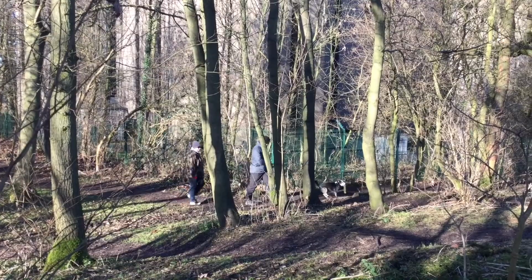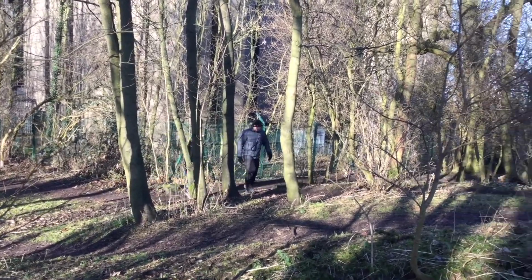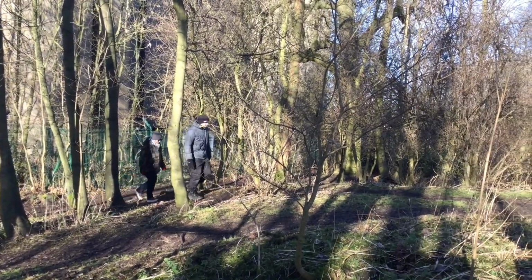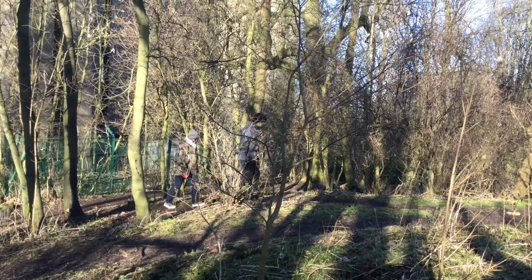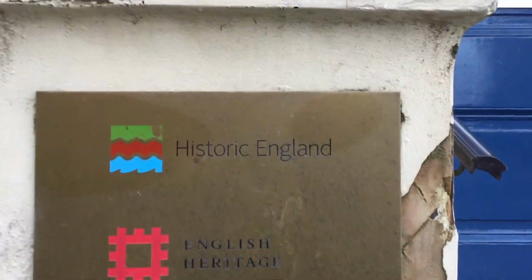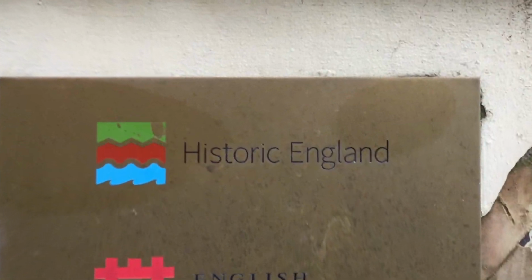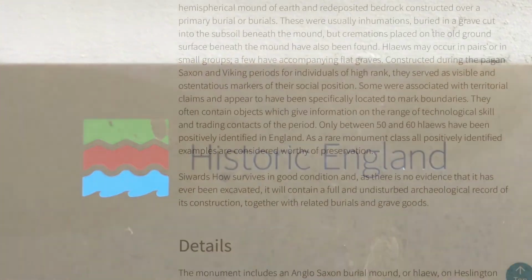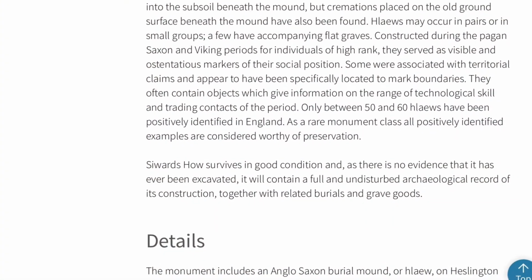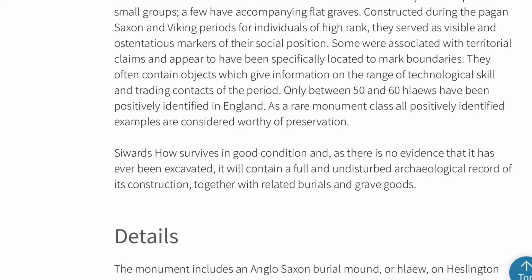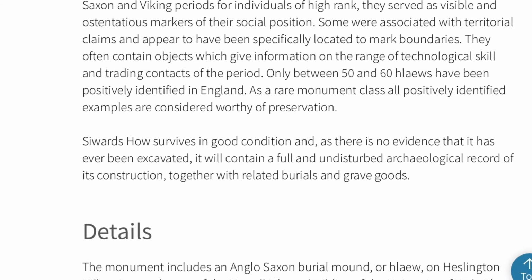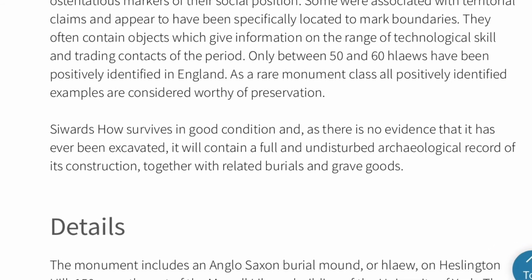On top of that, excavation would do quite serious damage to a popular local landmark. Plus, on the strength of the 19th century interpretation that this was Siward's burial place, this is now a scheduled ancient monument. In other words, it's protected by law. So we'd have to do a lot of negotiation with Historic England before we were allowed to excavate.